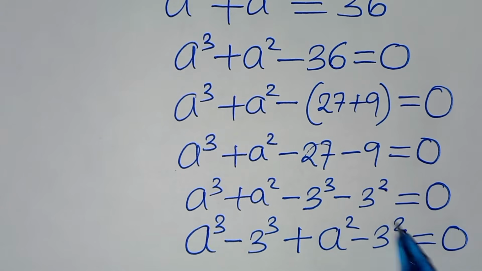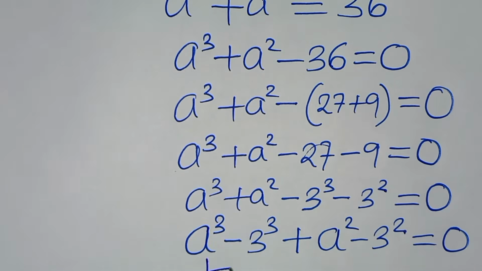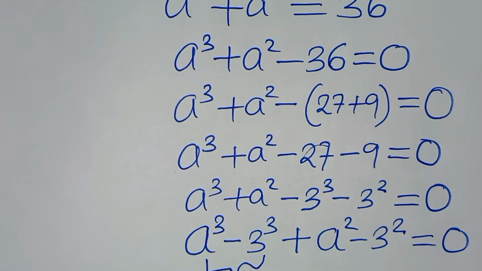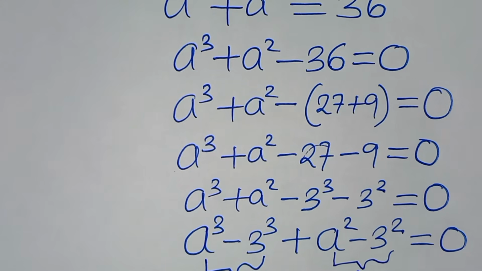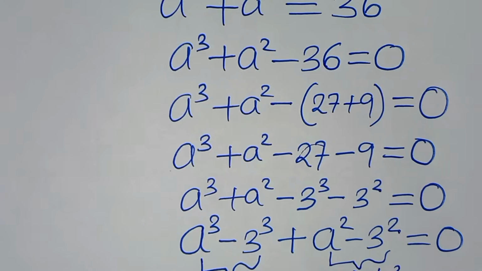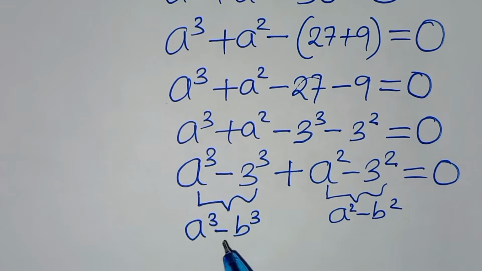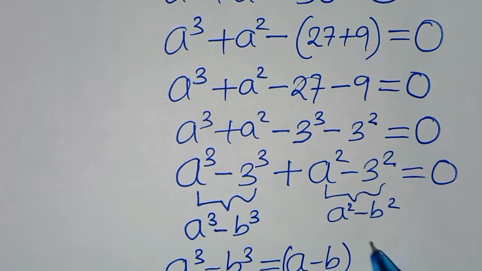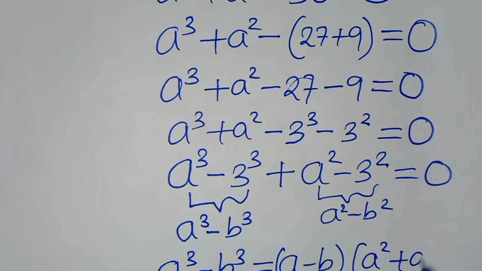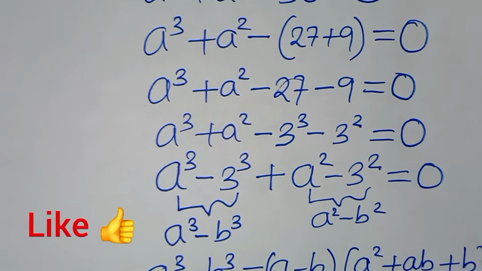The first part is the difference of two cubes, expressed as a to power 3 minus b to power 3. The second part is in the form of a squared minus b squared. For the first part, a to power 3 minus b to power 3 is the same thing as a minus b times a squared plus a times b plus b squared.